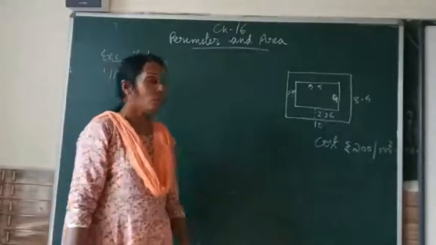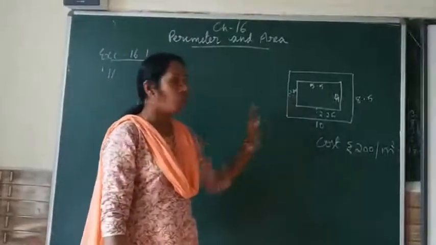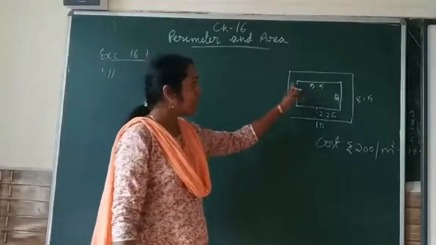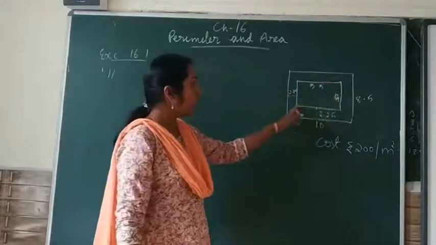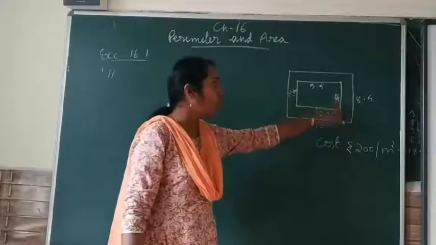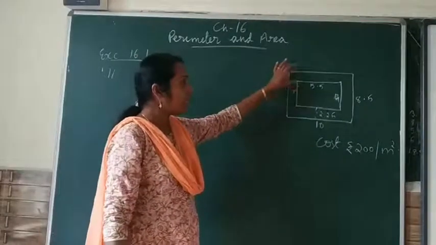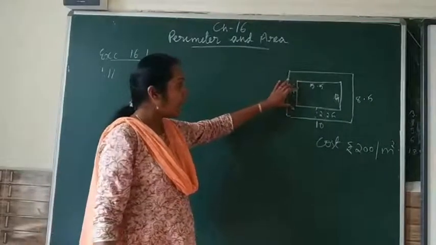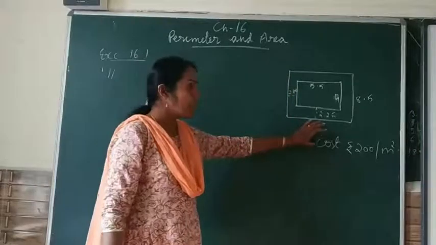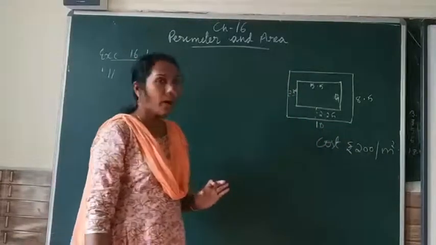Now we can do question number 11. A veranda of width 2.25 is constructed outside along a room of length 5.5 meter and 4 meter breadth. What is the area of the veranda and what is the cost of cementing the floor of the veranda at the rate of ₹200 per meter square?